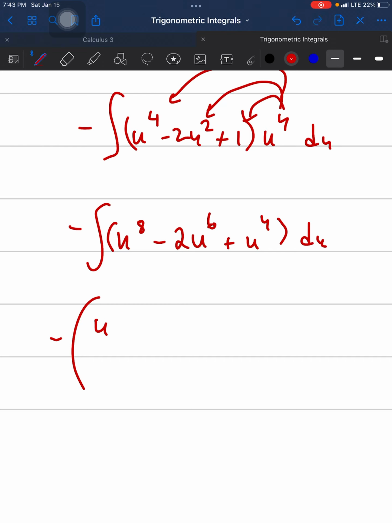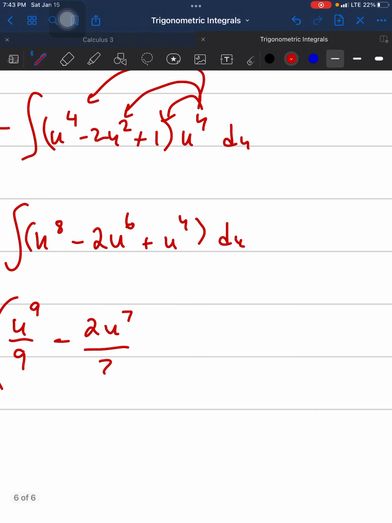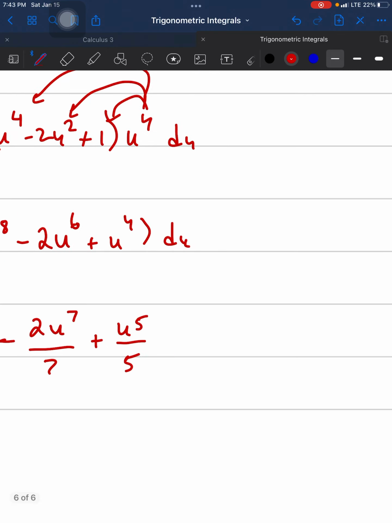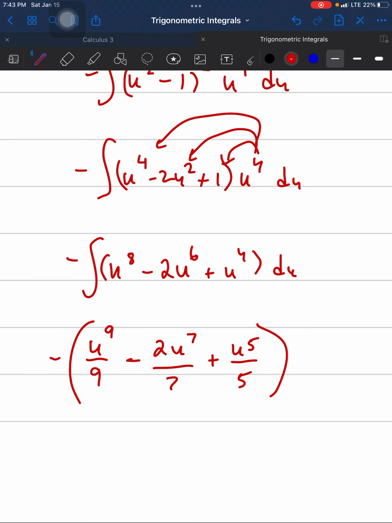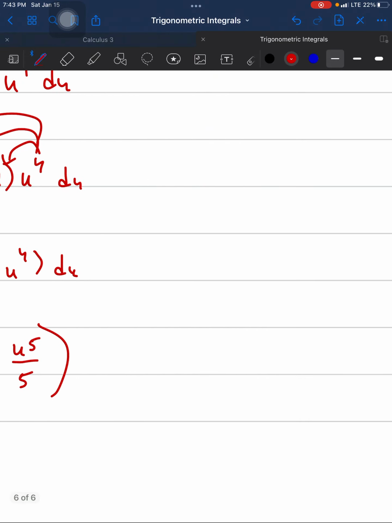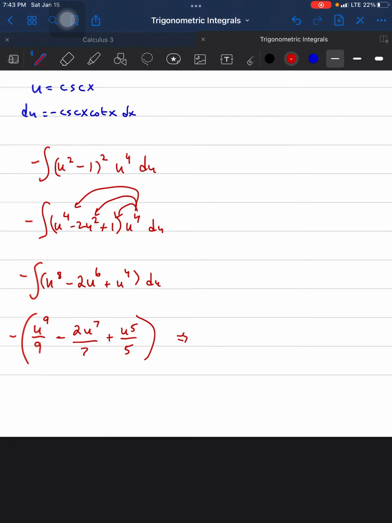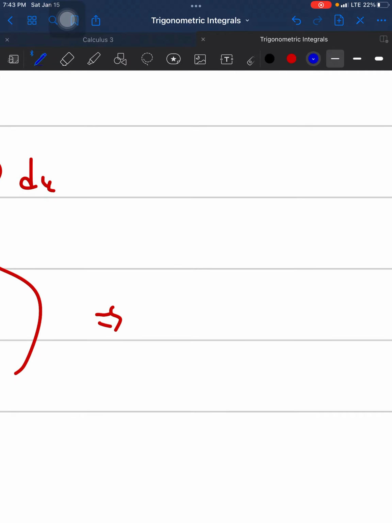The integral of u to the eighth is u to the ninth over 9, minus the integral of 2u to the sixth, which is 2u to the seventh over 7. The integral of u to the fourth is u to the fifth over 5. Then all we have to do is substitute back in cosecant, going from u to x.